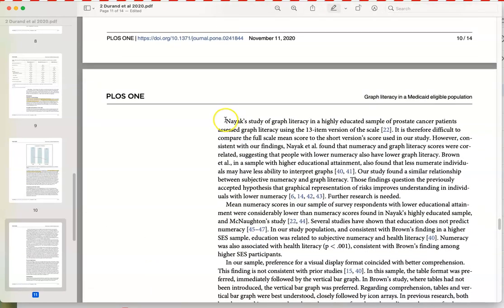So I'm going to go down here. And I think it's important for you to note this right here because of the scales. Okay. Other studies of graphic literacy, a highly educated sample of prostate cancer patients assessed graphically using a different type of scale. And what they found were correlated to lower numeracy and lower graphic literacy. Okay.